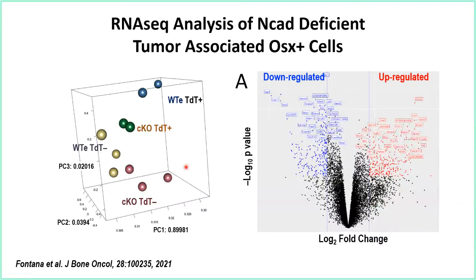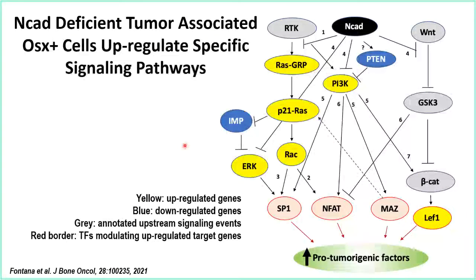The principal component analysis showed us that these positive cells cluster away from the negative cells, and that removal of N-cadherin pushed these cells more towards an Osterix negative type of phenotype, suggesting we're modifying the phenotype of these cells.